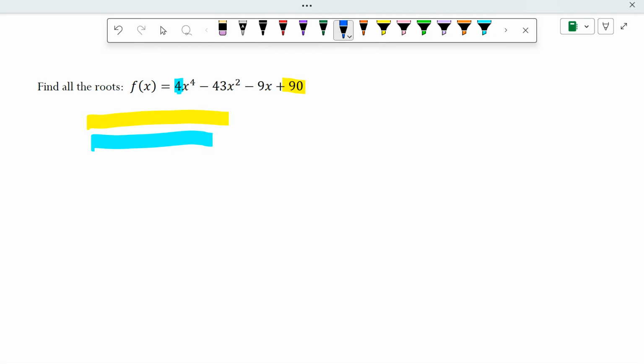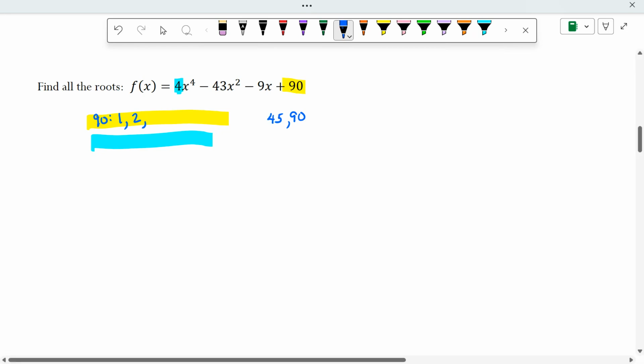It's not going to be a lot of fun, but so that we can see some of these things in practice. So 1 and 90, 2 and 45, 3 divides into 90 30 times.